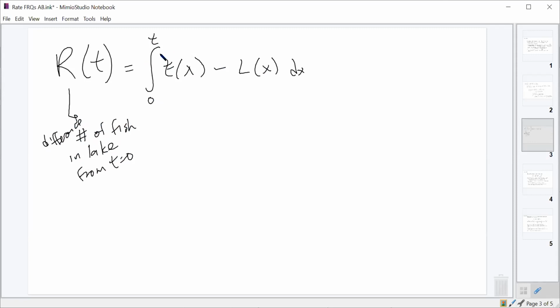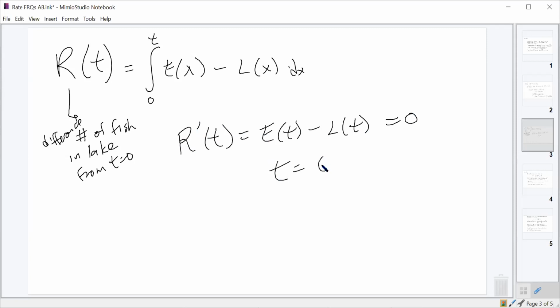So it disregards the initial amount. It doesn't matter how many were in there at the beginning, but this is the amount that entered minus the amount that left. And so we could go in and say r prime of t is equal to E of t minus L of t, like we just did a minute ago, set that equal to 0 and get that same t value of 6.2053, whatever it was.